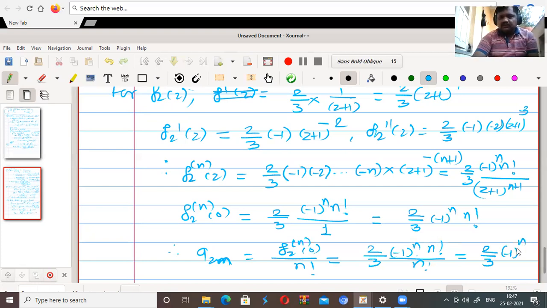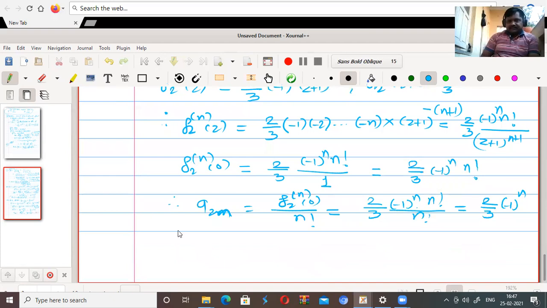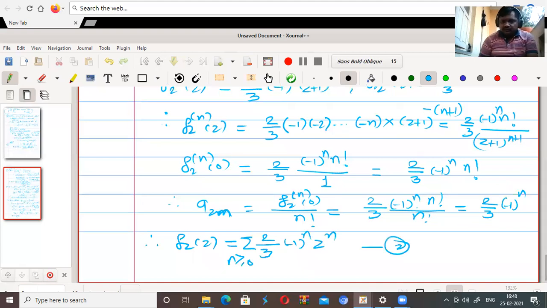And hence, your f2 of z becomes the summation for n greater than or equal to 0 of 2 by 3 into (minus 1) raised to n, z raised to n. I will call this equation 2. What about 1?